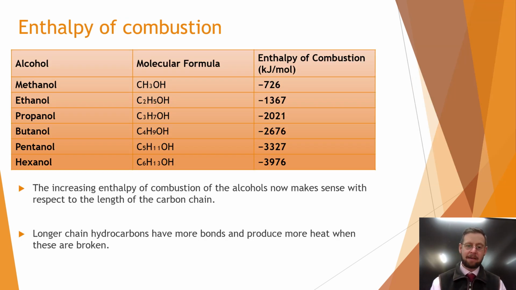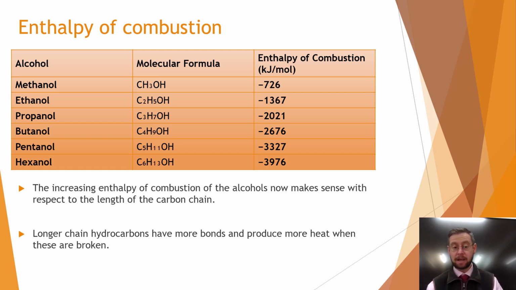So here you can see the alcohols of various different lengths. This is the homologous series for the alcohols, and you can see that the chemicals are just getting longer by a carbon each time. And you can see that the enthalpy of combustion is getting a larger negative number. So it's going from a small amount of energy released into the environment into a much larger amount of energy released into the environment. But why should that be so?